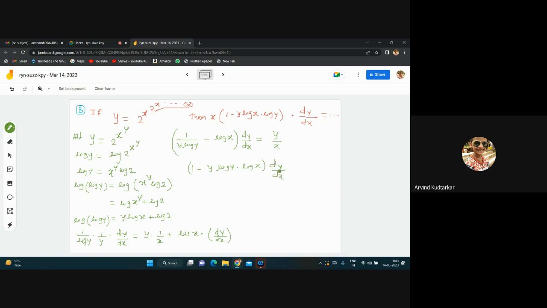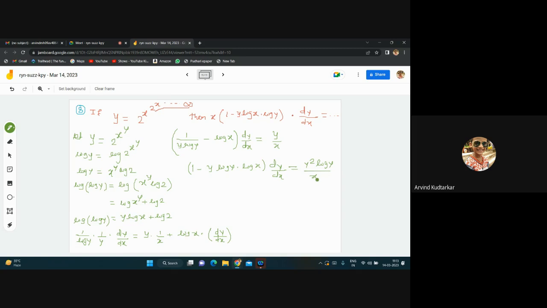So get there dy by dx, I will shift that term of y log y directly to RHS. So y square into log y is there, that is equals to y square into log y upon x, no? But in the actual term there is x, so x into we have got the same term, so 1 minus y log y into log of x into dy by dx.